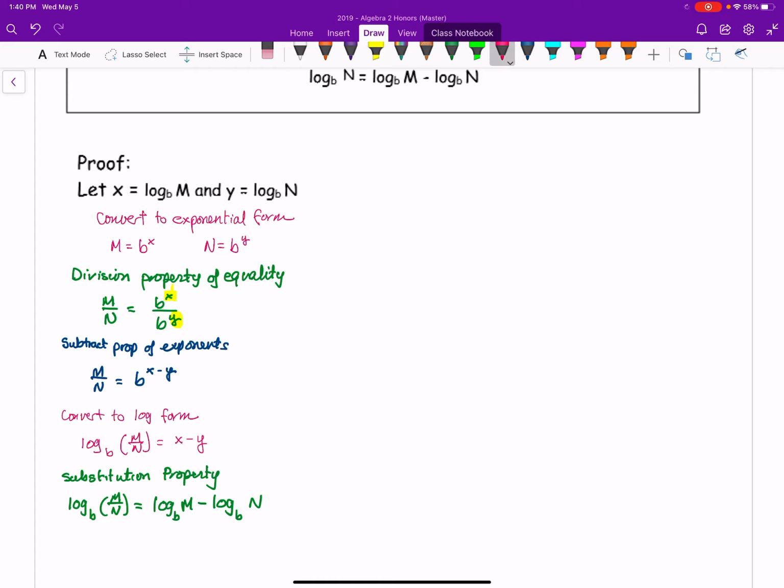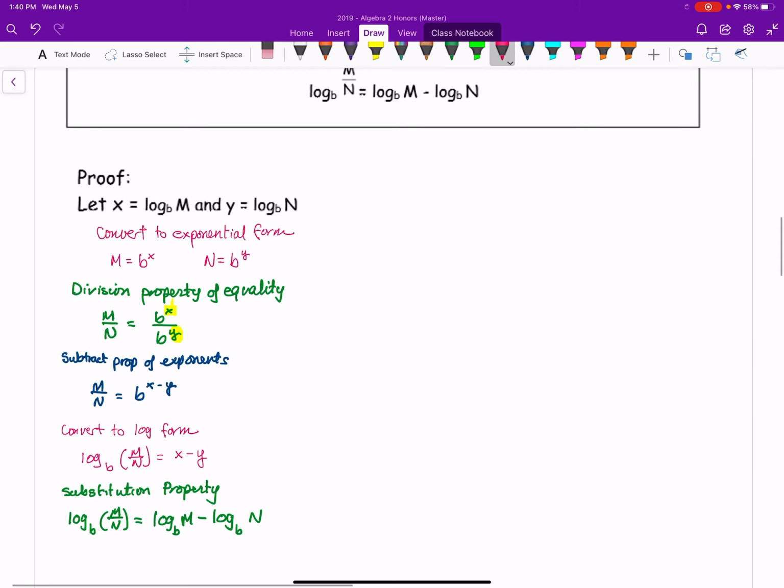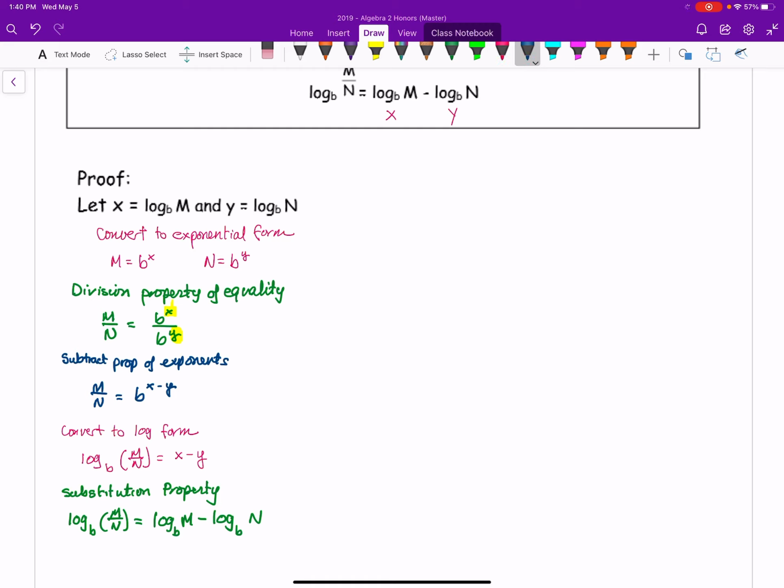Remember, we defined x as log base b of m and y as log base b of n. You'll see why you would need this later on, especially when we're solving, you can either condense, that means contract into a single logarithm, or expand.